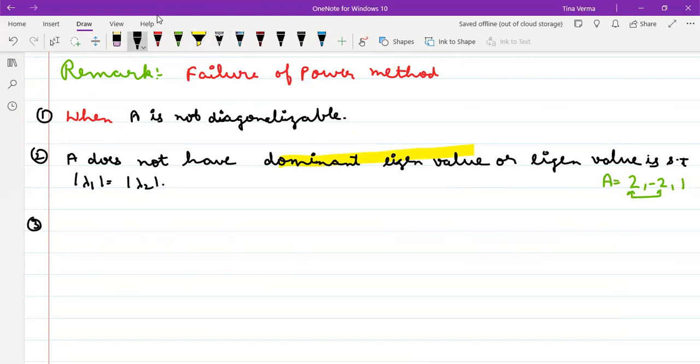The third is, because I have told you, as the name indicates, the power method.